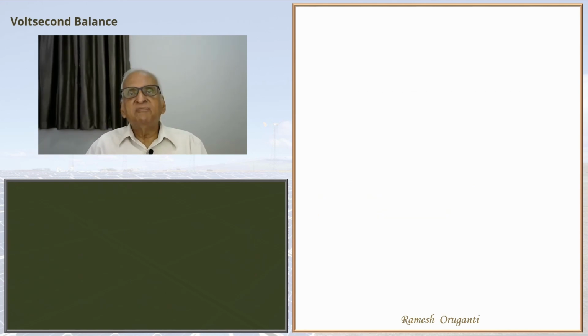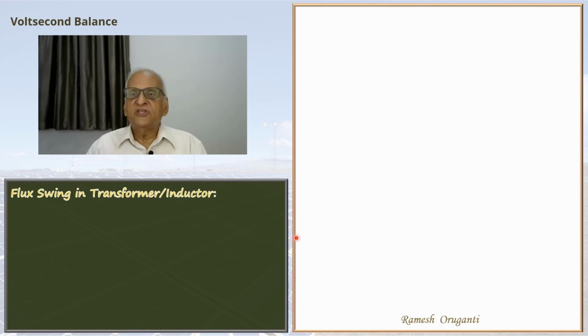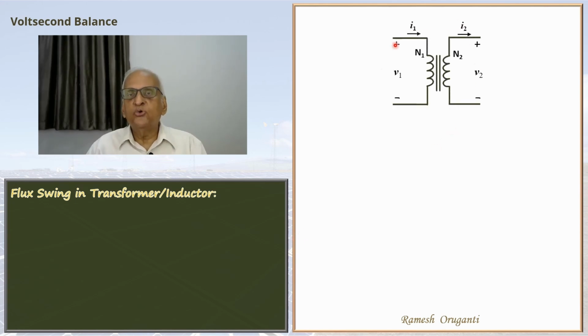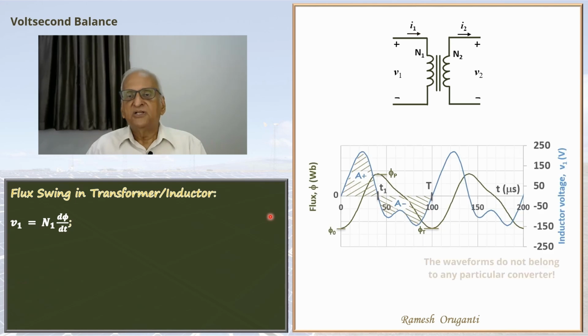The next example we will see is determination of the flux swing in a transformer or an inductor. It shows the circuit symbol of a two-winding transformer, and by Faraday's law V1 is N1 d phi by dt. I can draw some waveforms for this transformer, the voltage waveform and the flux waveform.